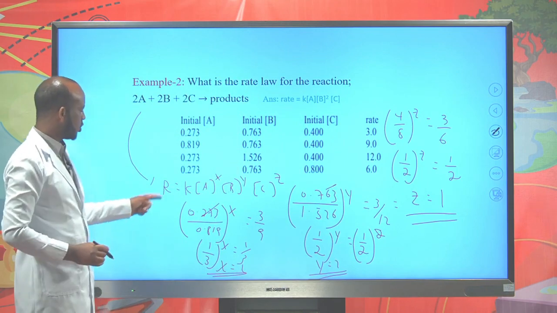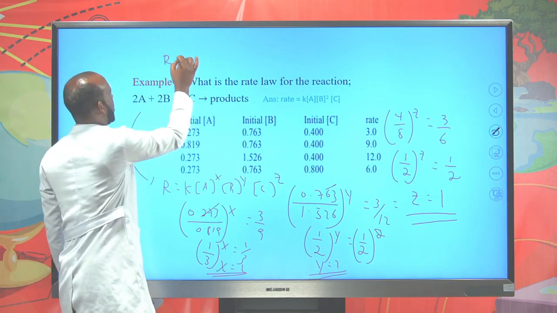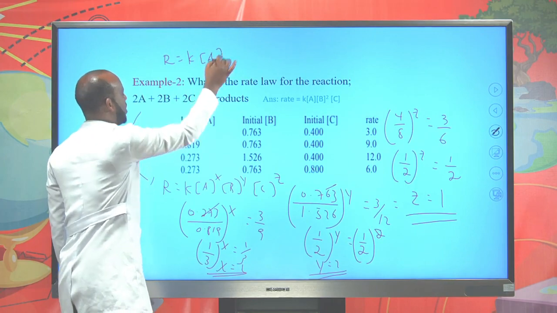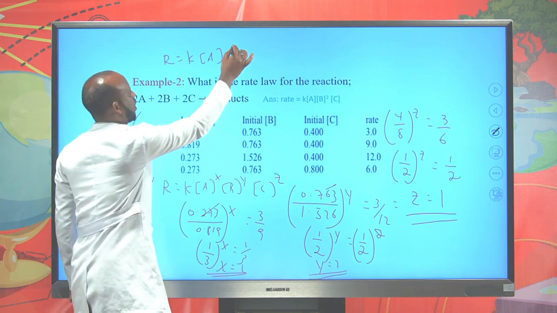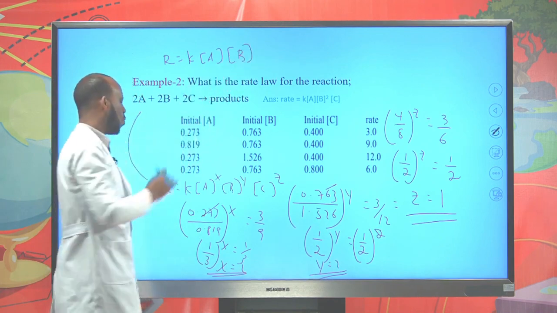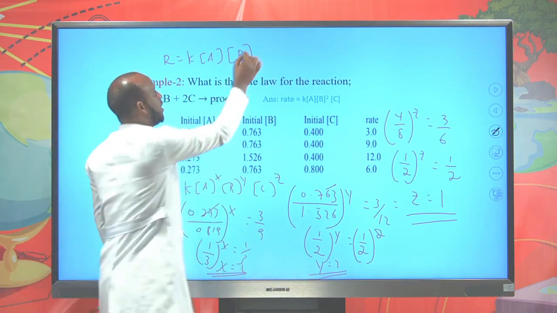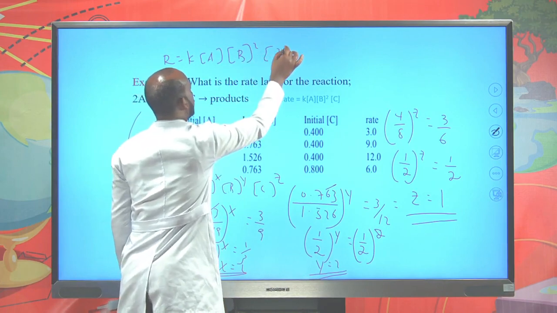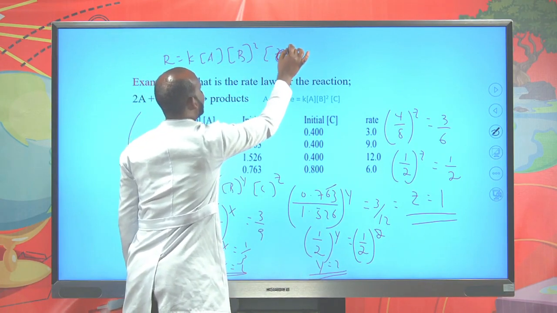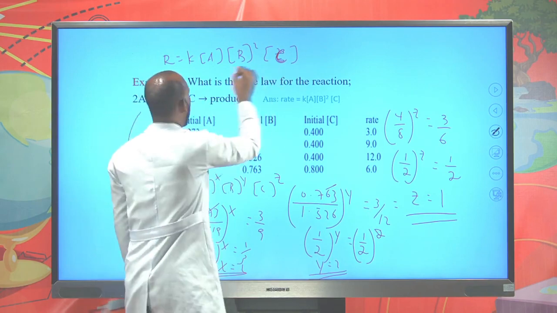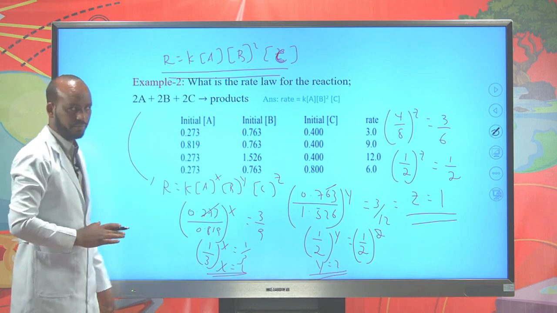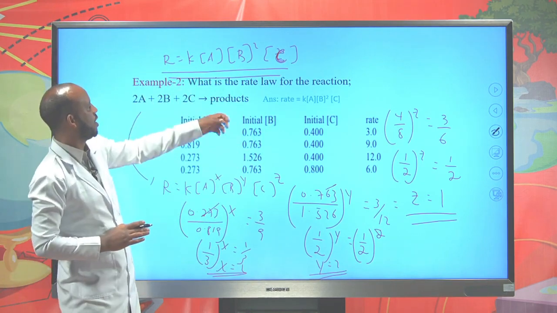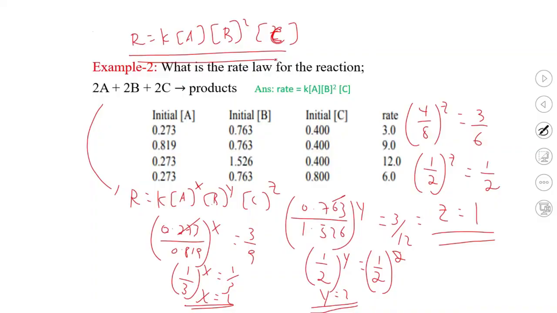Therefore, rate of this reaction is R equal K times concentration of A to the power of X, the value of X is 1, times concentration of B to the power Y, the value of Y is 2, times concentration of C to the power Z, the value of Z is 1. Now this is the rate law for this reaction. Rate equal K times concentration of A times concentration of B to the power of 2 times concentration of C.